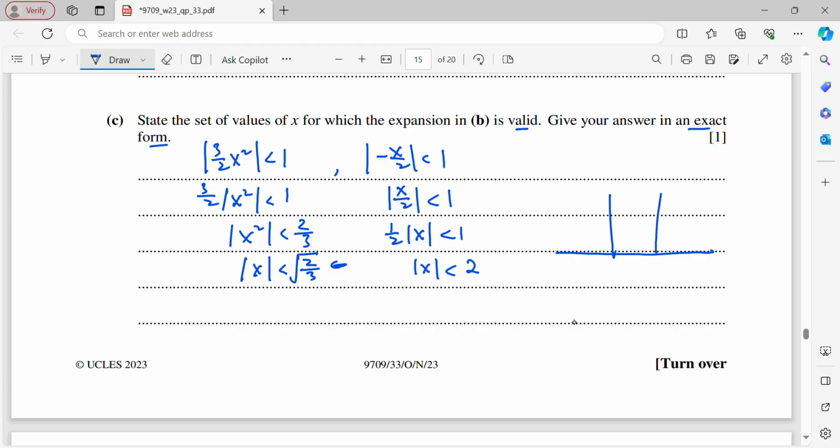This less than 2 is basically between minus 2 and 2. So for the first inequality, it will be from minus 2 to 2.